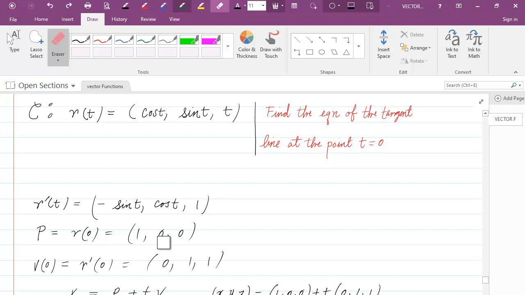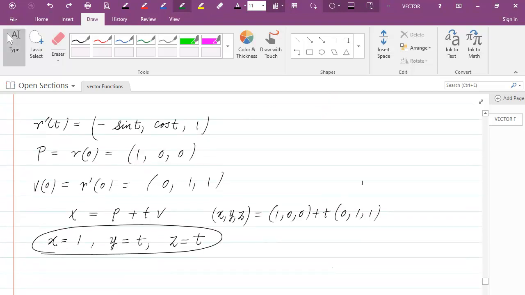So then r prime of 0 is a vector parallel to the tangent line at the point P. So its equation would be X is equal to P plus t times v.